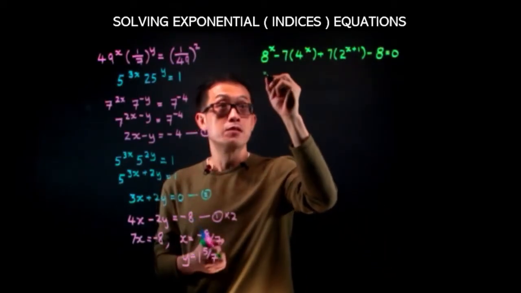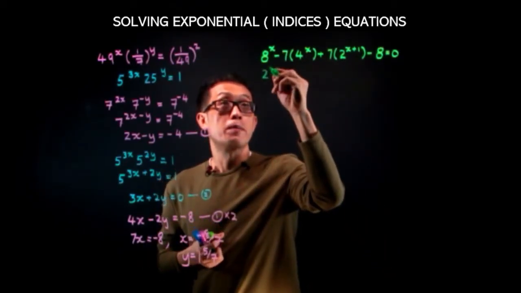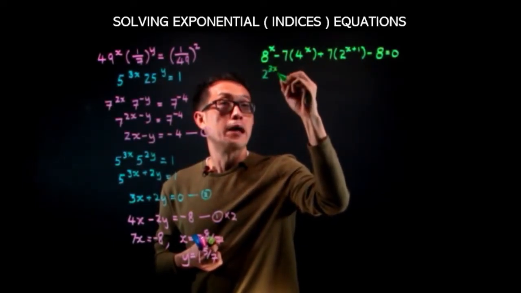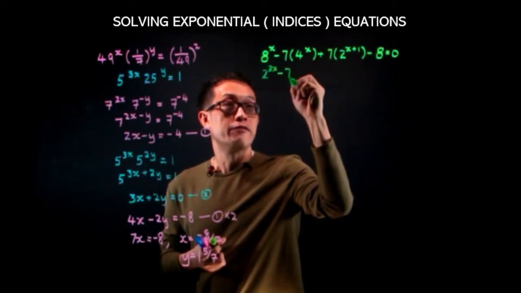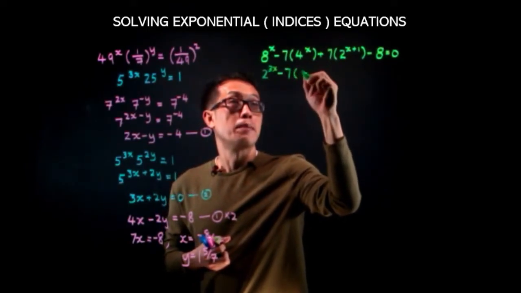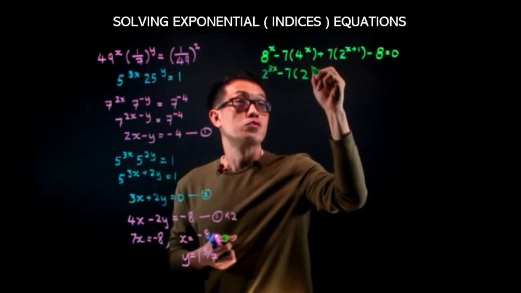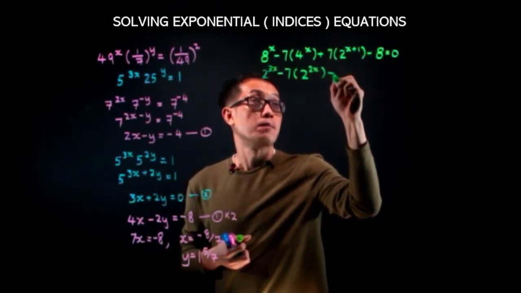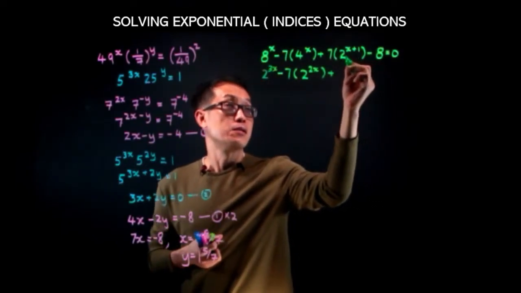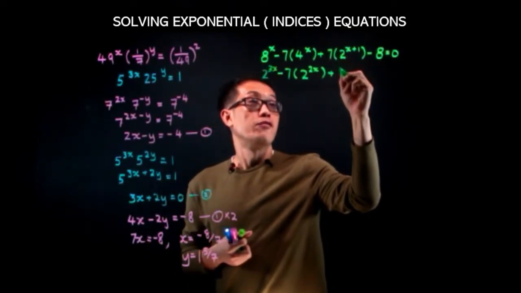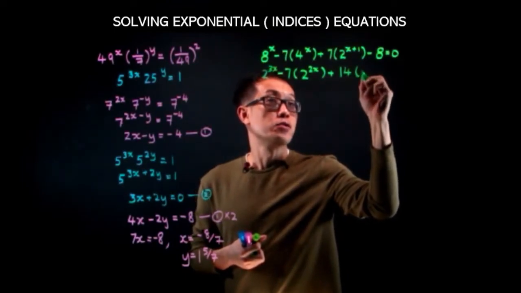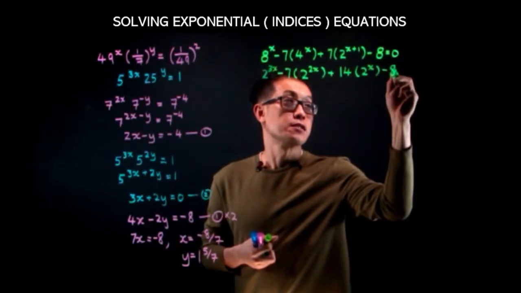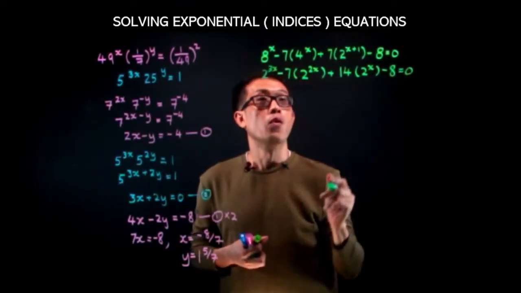So this will become 2 to the power of 3x minus 7 to the power of 2 into 2x plus, now this can be written as 14 into 2 to the power of x minus 8 is equals to 0.